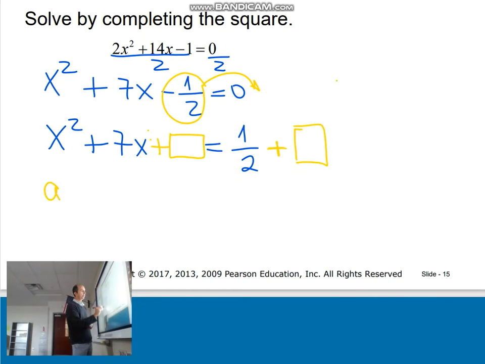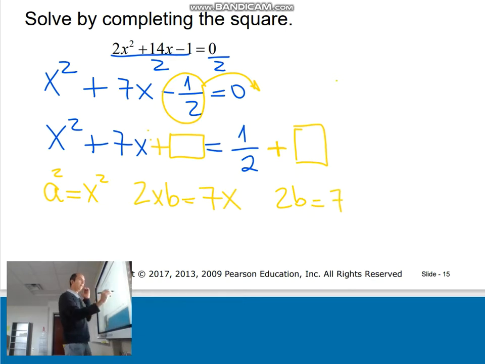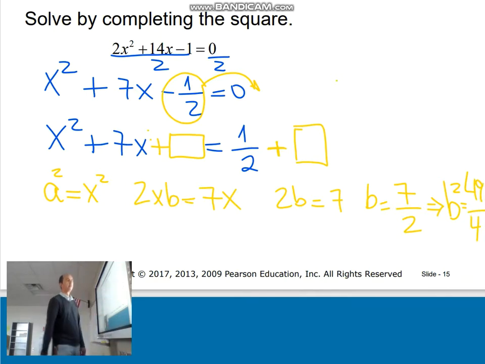We know a squared equals x squared. 2ab equals 7x. Since a equals x, we can simplify. 2b equals 7. b equals 7 over 2. And that means b squared equals 49 over 4.